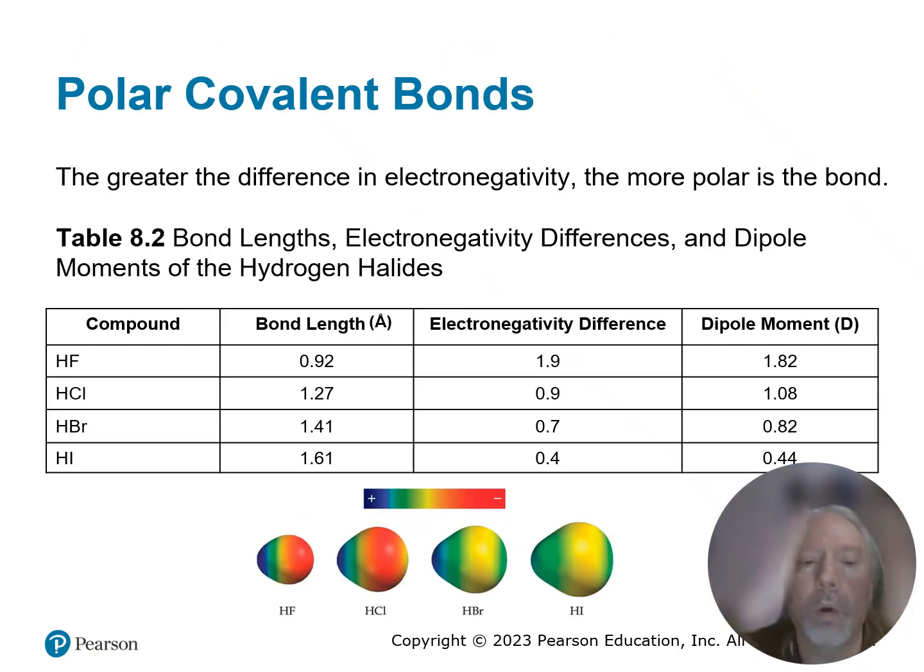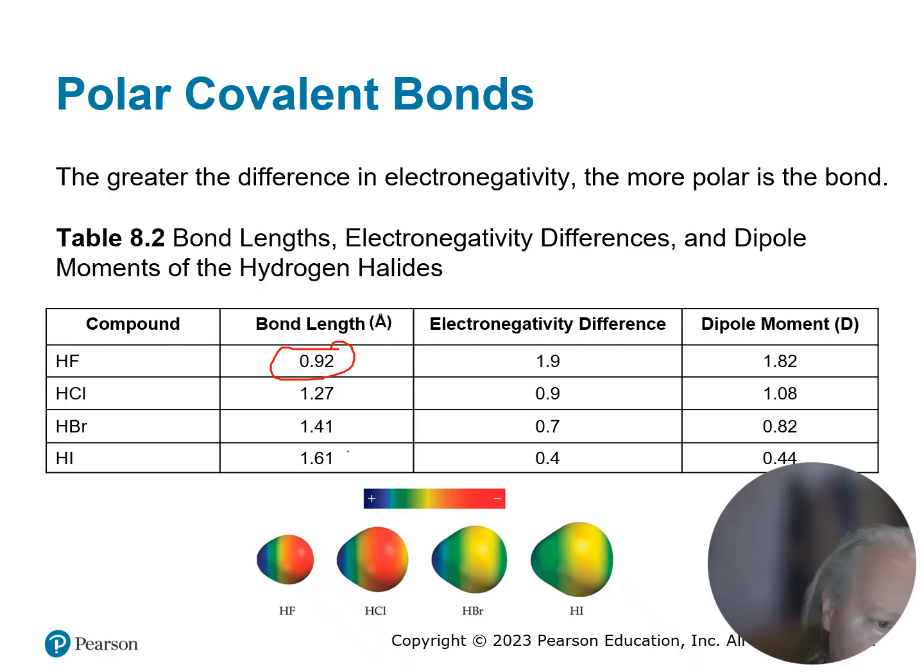What we just saw was a polar covalent bond. Hydrofluoric acid is a polar covalent bond, but hydrochloric, hydrobromic, and hydroiodic acid will end up being strong acids and almost act completely like an ionic bond. Depending on whether they're in water or not, it depends on some things. But notice if the bond length is smaller, it's more likely a polar covalent bond.